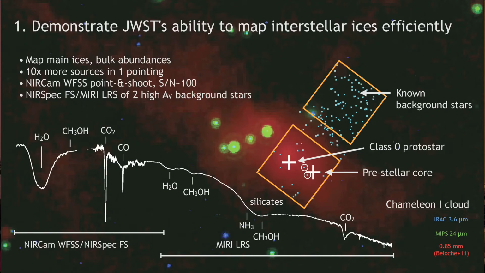Essentially you get a column density of all different ice species along the line of sight toward each one of those dots, and you can use those to reconstruct a map of the region and understand where the ices form, when they form, and at which depths into the clouds they form, and get a much more complete understanding of the chemistry that formed the ices. And that's an example of an ice absorption spectrum here toward a background star in this field.